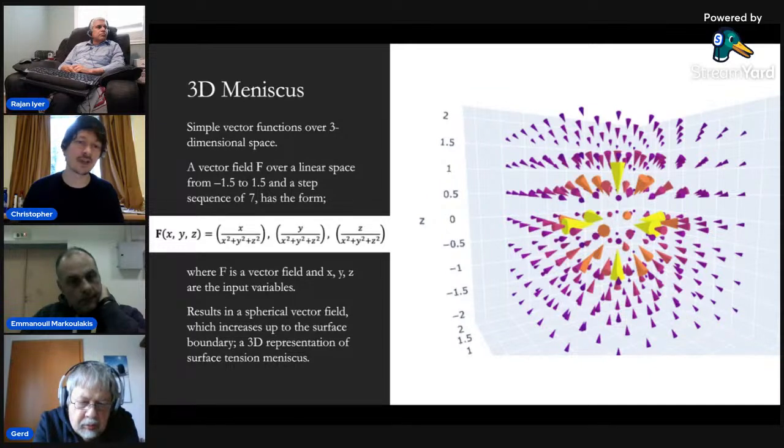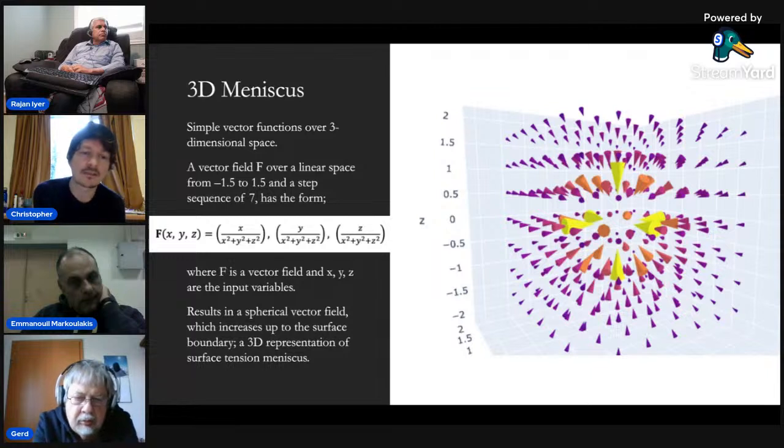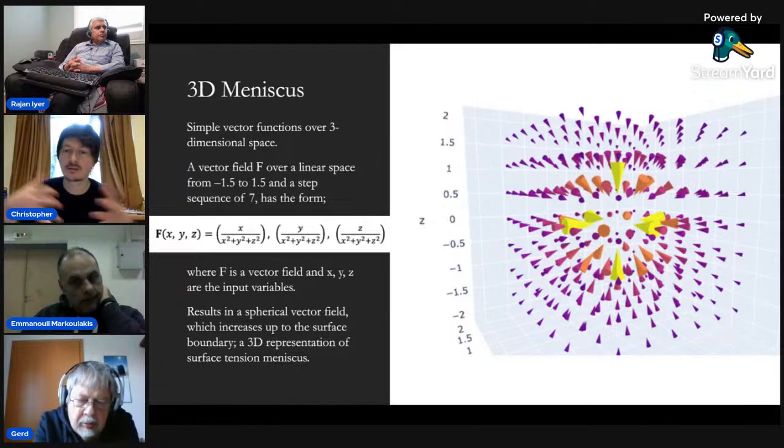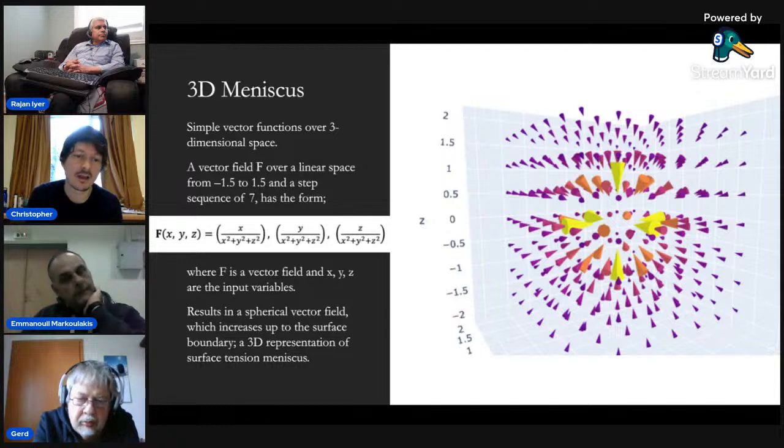So we see that we have a vector field f over a linear space, with a step function of 7, and this general form creates a pattern that we see in the image. The vectors are smaller the further out we are, and closer to the surface they get bigger, but they don't interpenetrate into the center of the body. So that's what we want to achieve here.